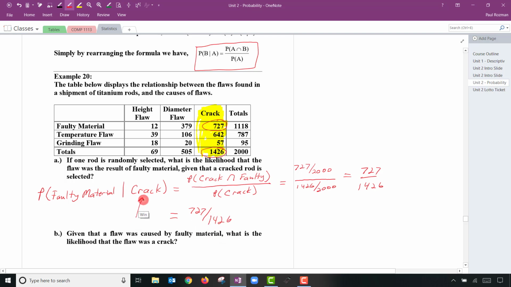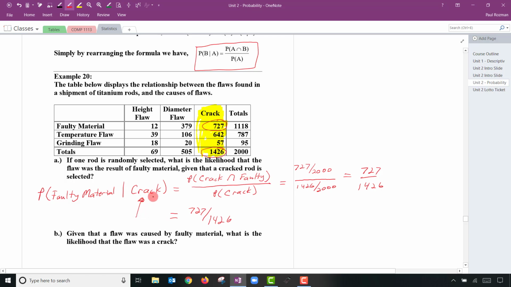Basically, the given part tells me where the total is. It's kind of nice. This notation is even sort of nice, that given symbol looks a lot like divide, and that's what we did. We divided by the total number that were cracked. So it's the number that were faulty within the cracked group divided by the total that were cracked.